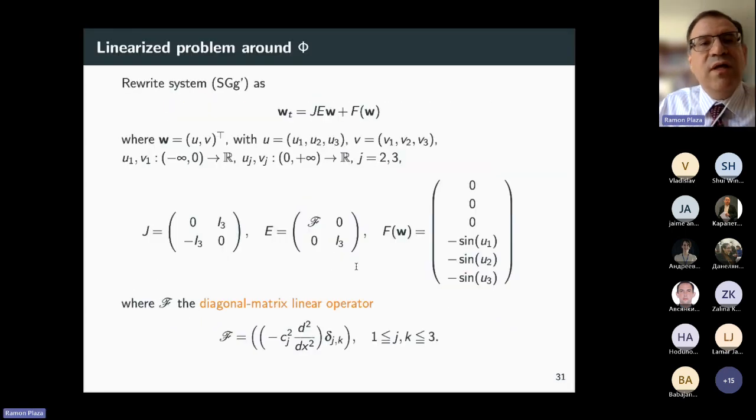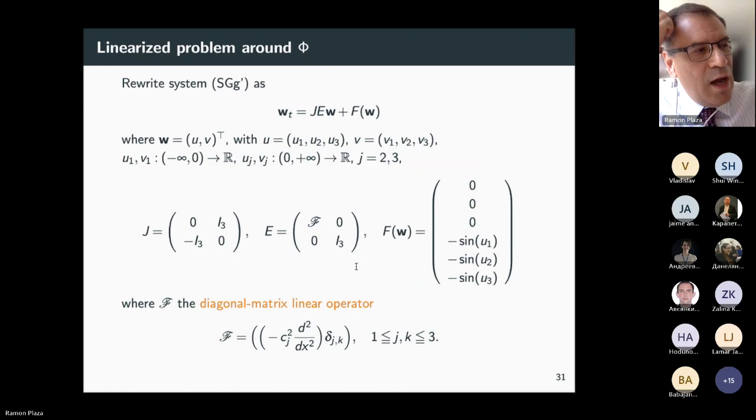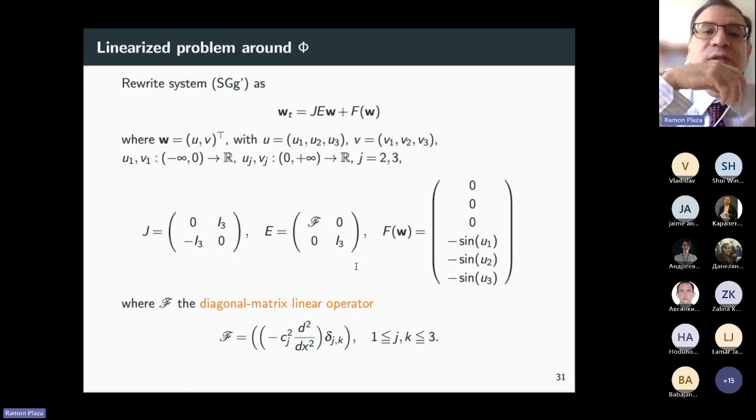Okay, so now the question is, are they stable or not? So these are specific, explicit solutions of the model, and we are going to determine whether they are stable or unstable under small perturbations as solutions of the PDE on the graph.